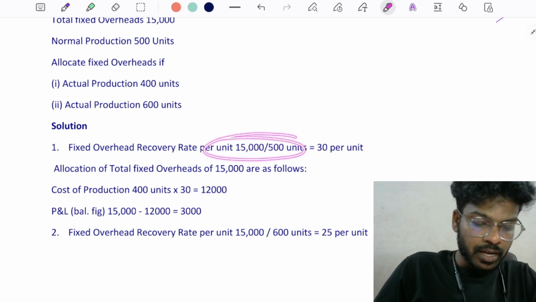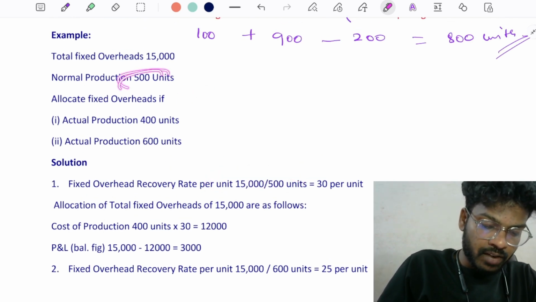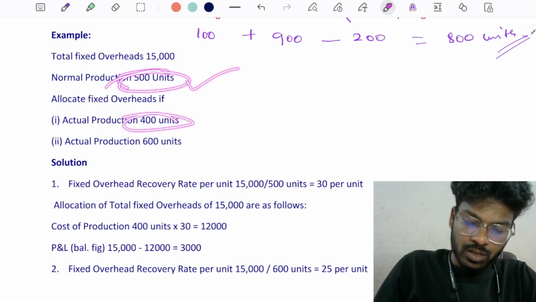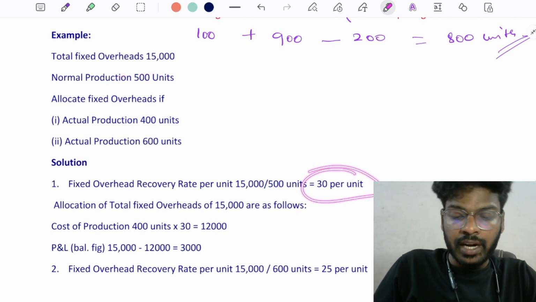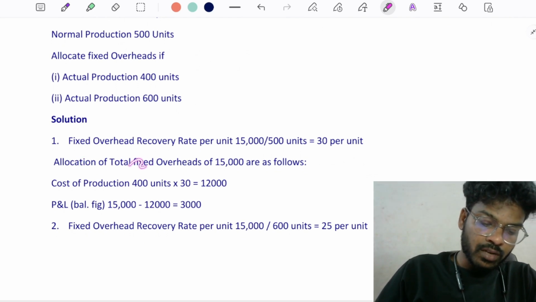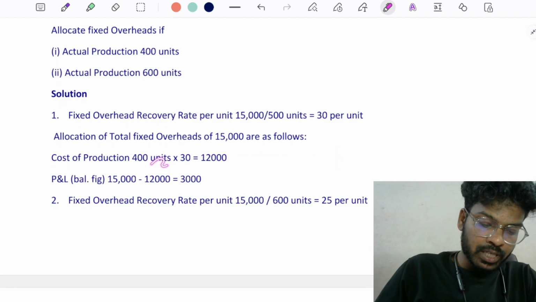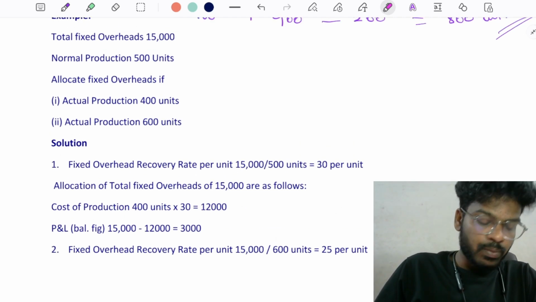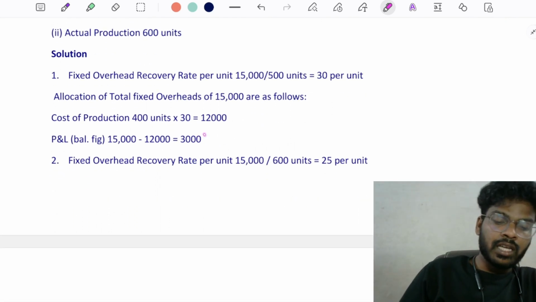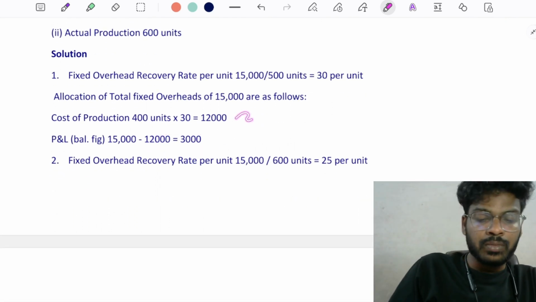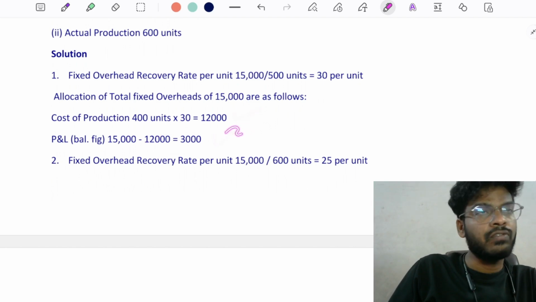The higher of the following is 500. So 15,000 divided by 500 gives you 30 per unit. Allocation of total fixed overhead of 15,000 is as follows. The cost of production of 400 units into 30, 12,000, is cost of production. Balancing figure 3,000 will be transferred to profit and loss account. This is the absorbed overhead, and this is the unabsorbed fixed overhead.